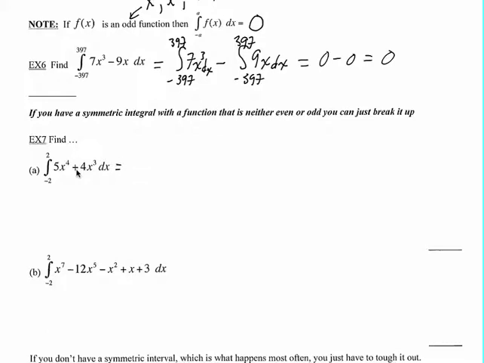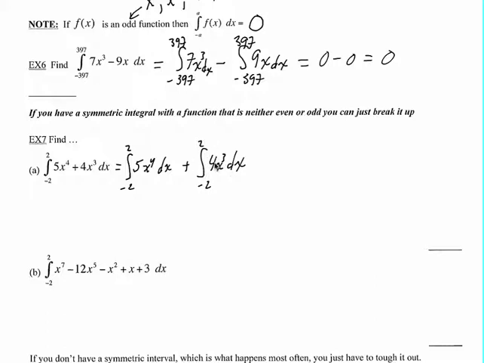We can break this apart, call this the term rule for integrals. So we've got the integral of 5x to the fourth dx plus the integral from negative 2 to positive 2 of 4x to the third dx.